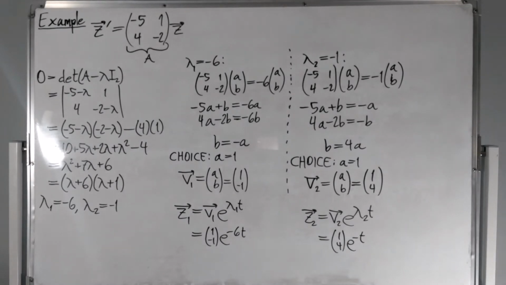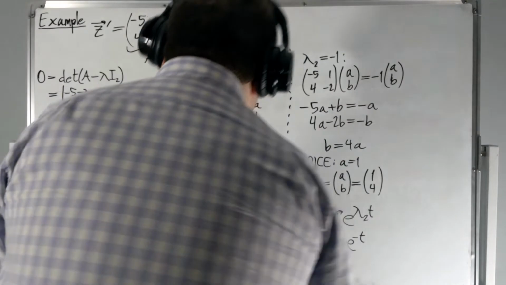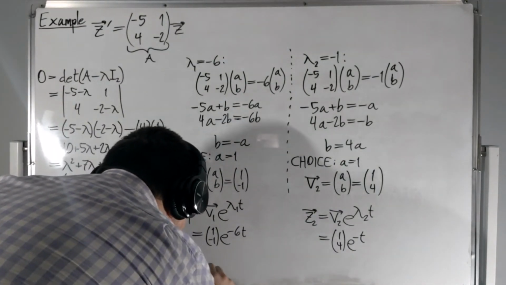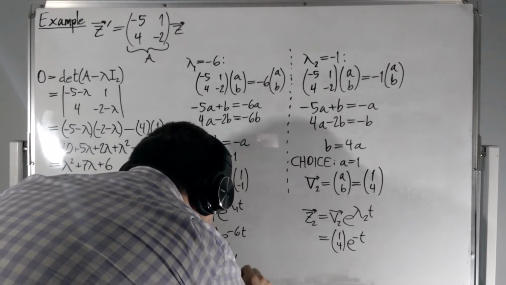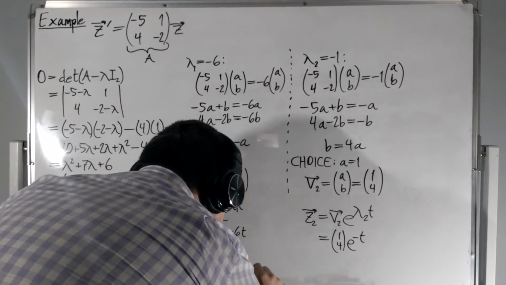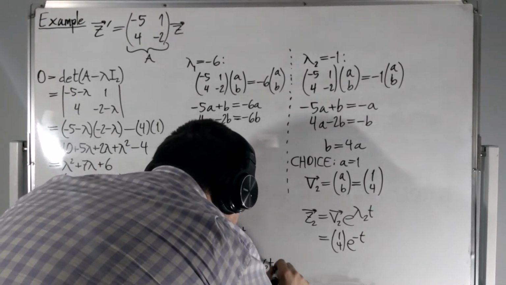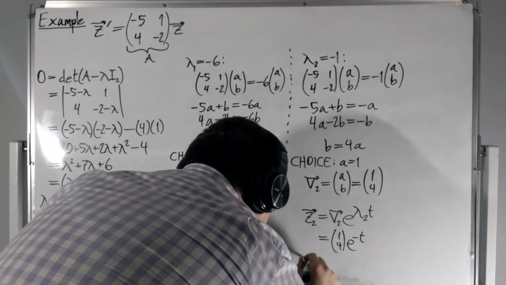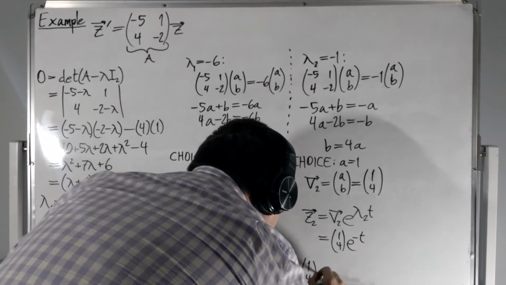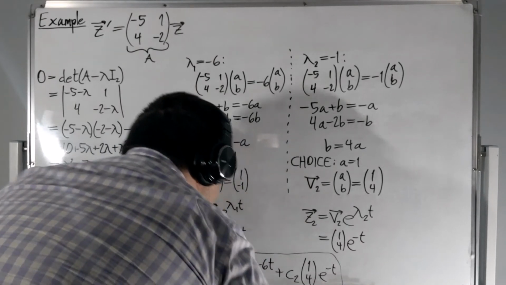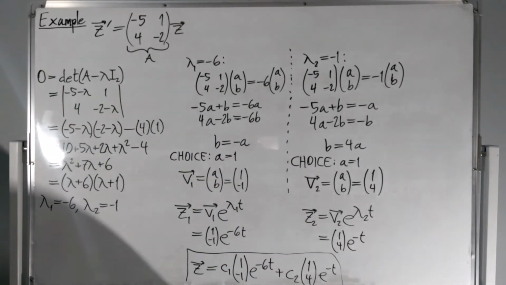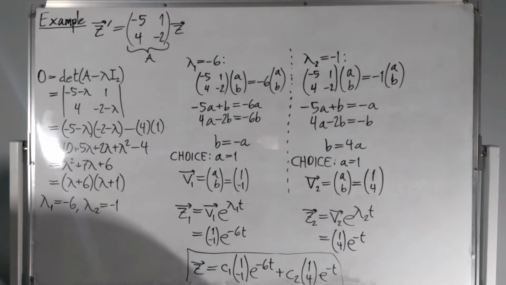And then the general solution is just all the linear combinations of those. So the z vector, the general solution, is going to be c1 (1, -1) e to the -6t plus c2 (1, 4) e to the -t. And that is our general solution.